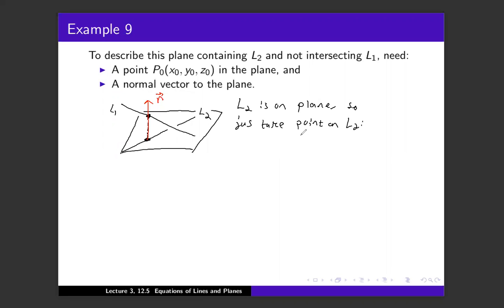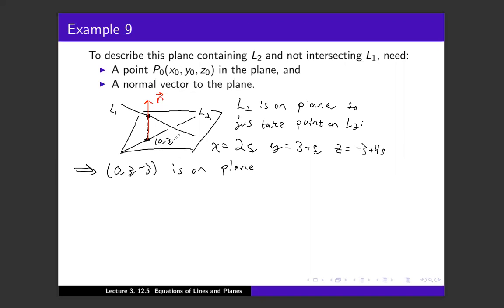We know that L2 is described by the parametric equations x equals 2s, y equals 3 plus s, and z equals -3 plus 4s. And what that tells us is that a point on the plane can be the point (0, 3, -3). It's a point on L2, and it's also going to be a point on our plane.